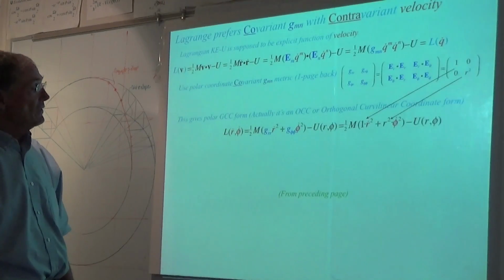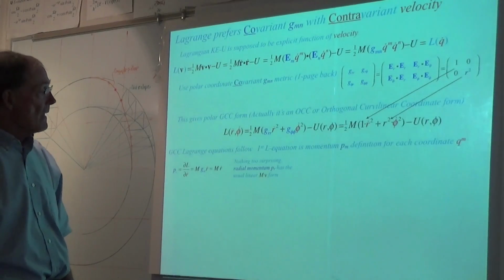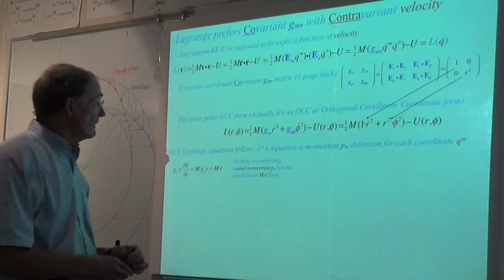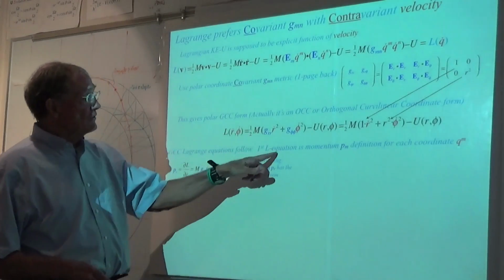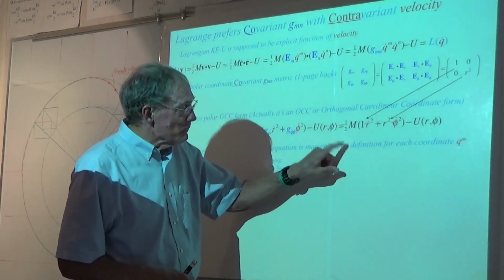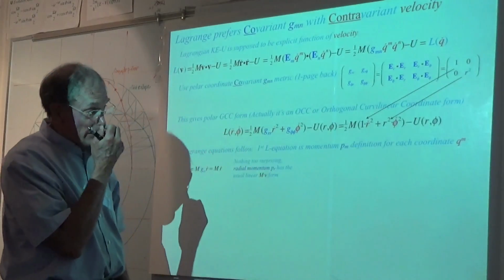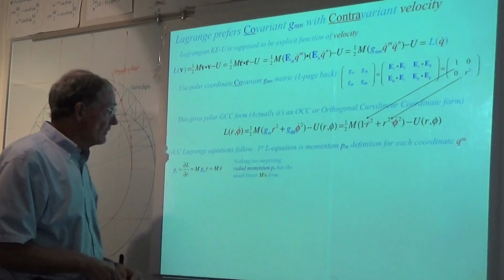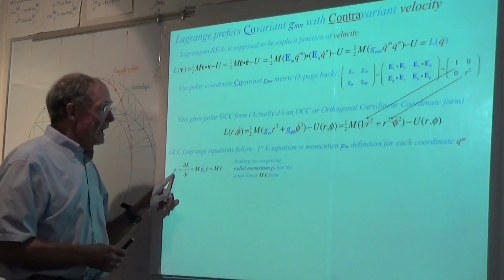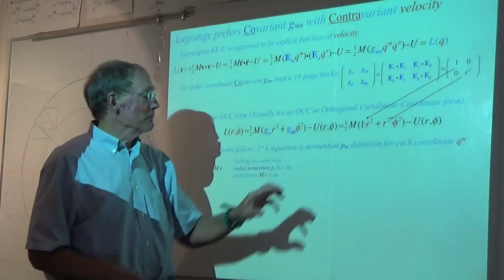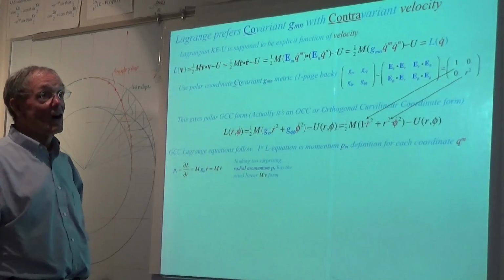Now once you have this, I can define, with the Lagrange equation, the first Lagrange equation tells me what momentum is, a definition using each of the coordinates. I take this Lagrangian and take a partial derivative with respect to r dot.